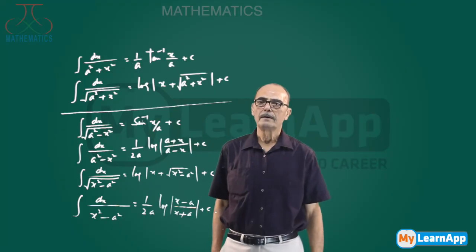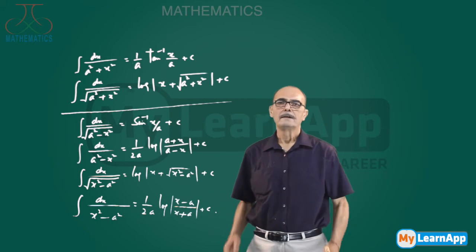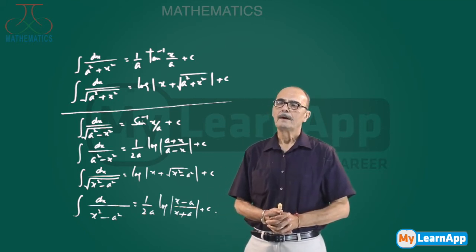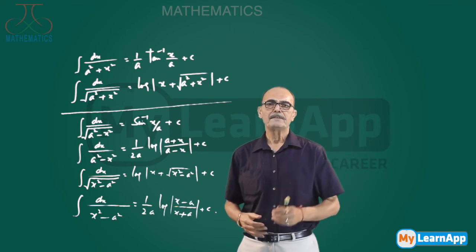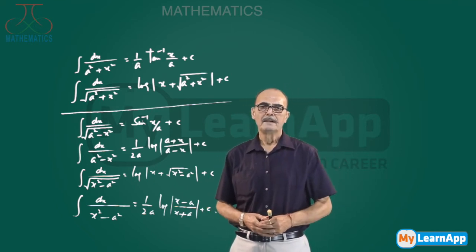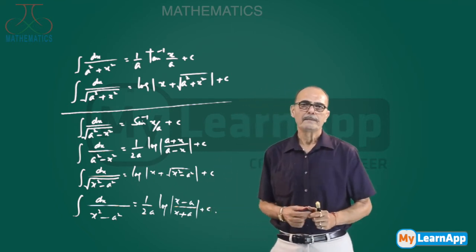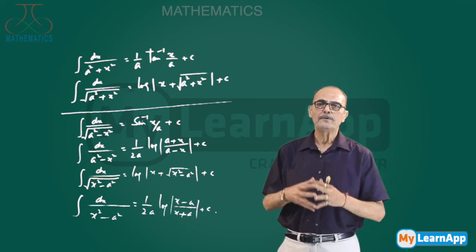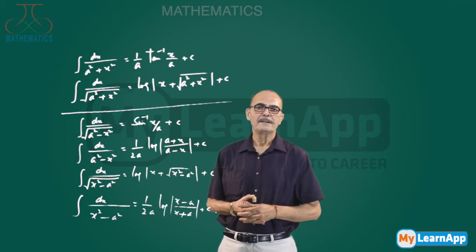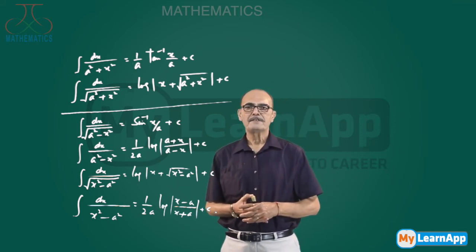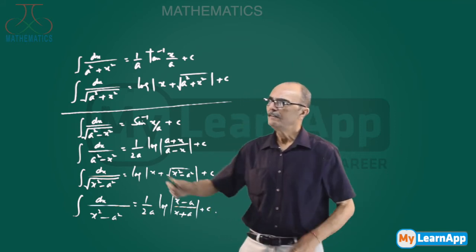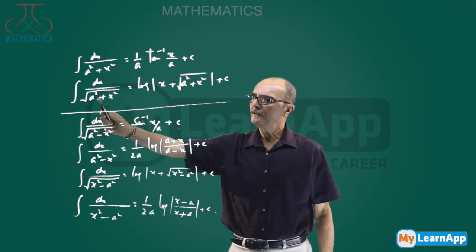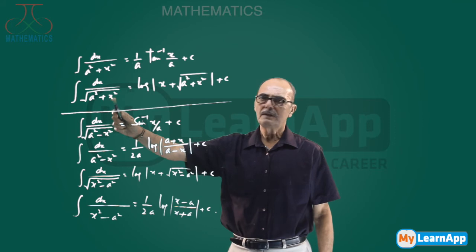Here we discussed the formulas of integration, but they are similar in nature one way or the other. To remember them, just compare the two formulas and then learn it. For instance, here we have a square plus x square, here also we have a square plus x square.